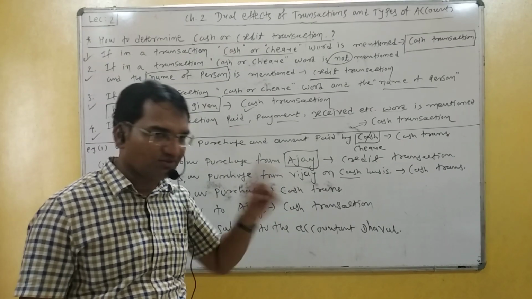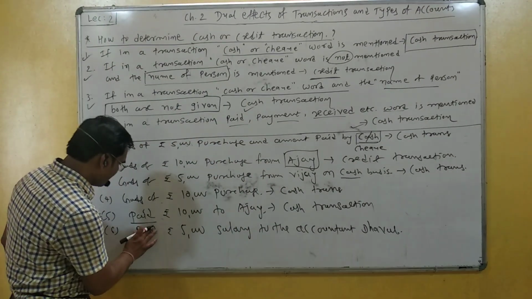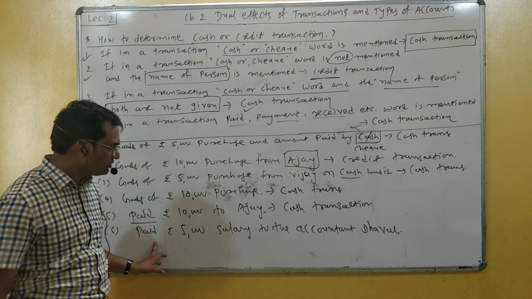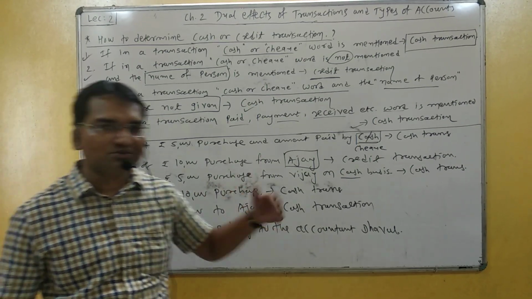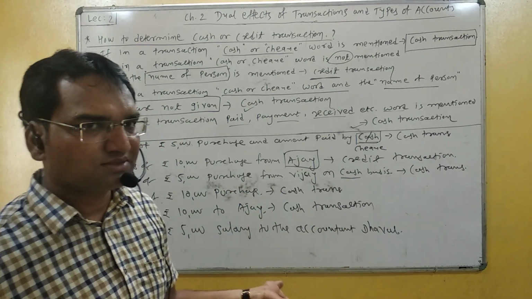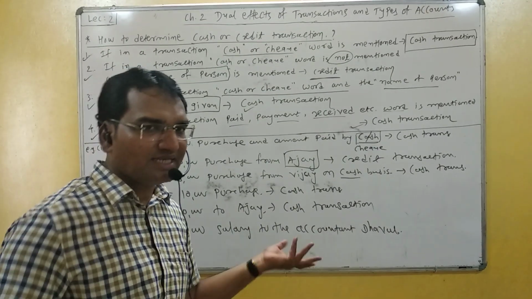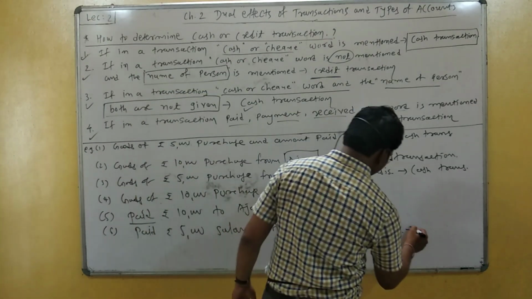But students, you are wrong, because here the paid word is mentioned. Paid means the salary of rupees 5,000 is paid to accountant Dhaval by cash or check, whatever. Here cash is exchanged, so this is treated as a cash transaction. Understand?